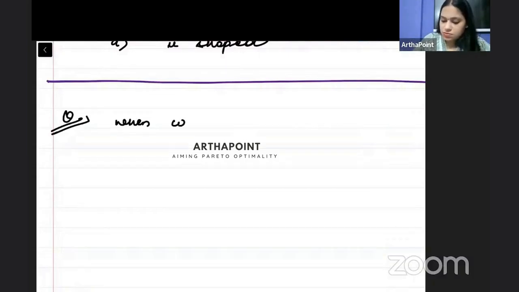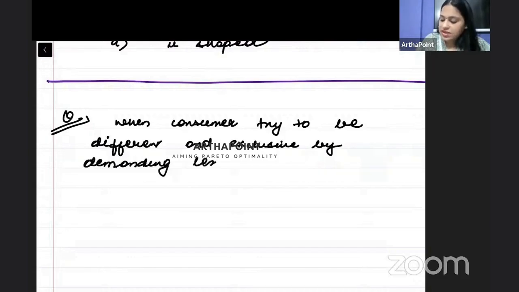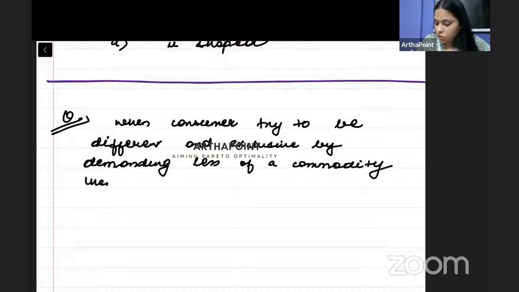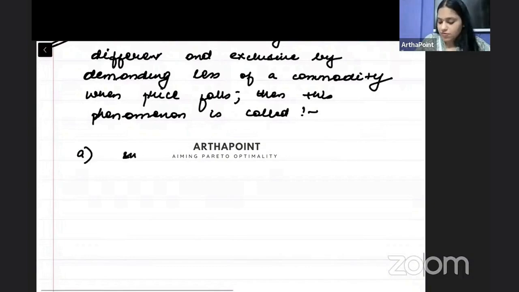When a consumer tries to be different and exclusive by demanding less of a commodity, when the price falls, then this phenomenon is called: option number A, snob effect.